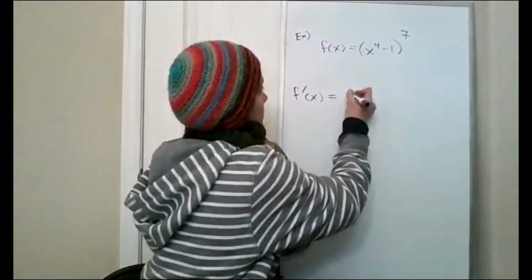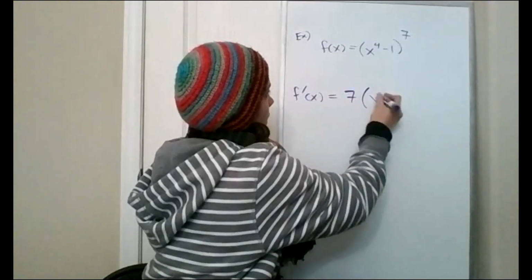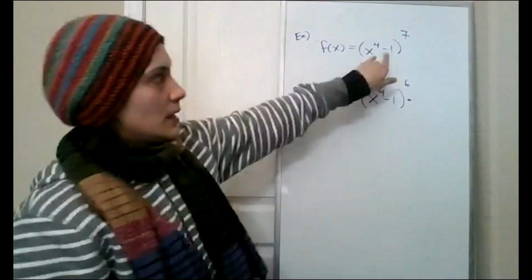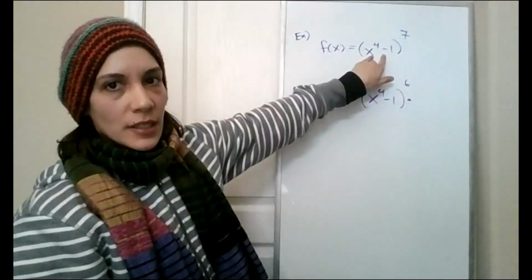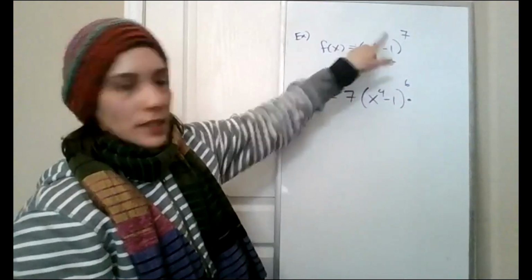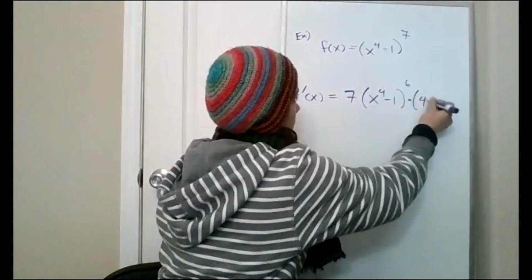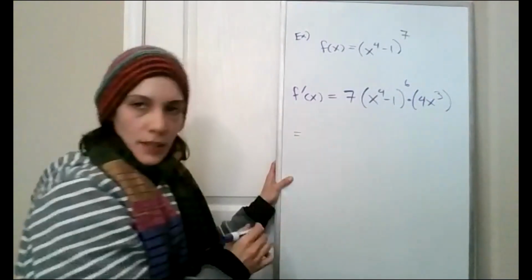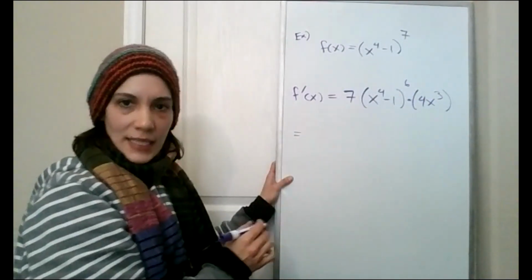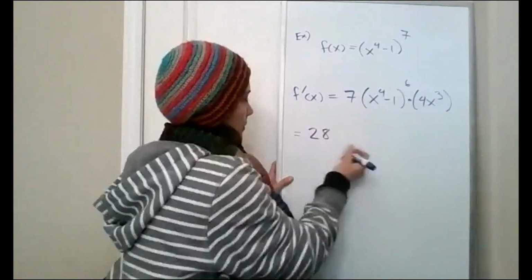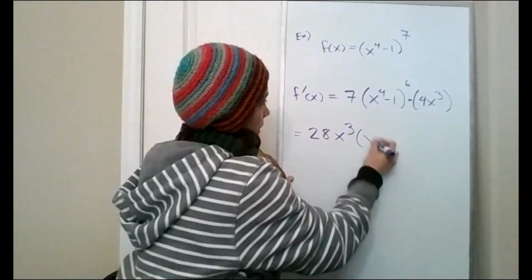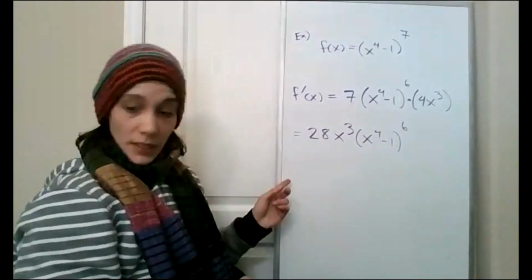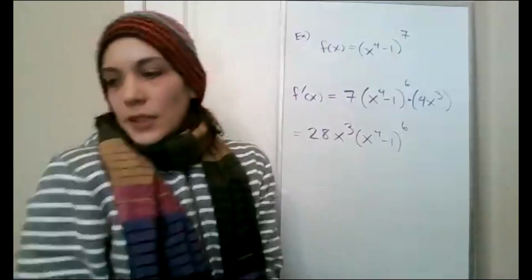So let's do 7 times power 6, multiplied by the derivative of the inside function, 4x cubed. So let's see, got 28. Any mistakes?